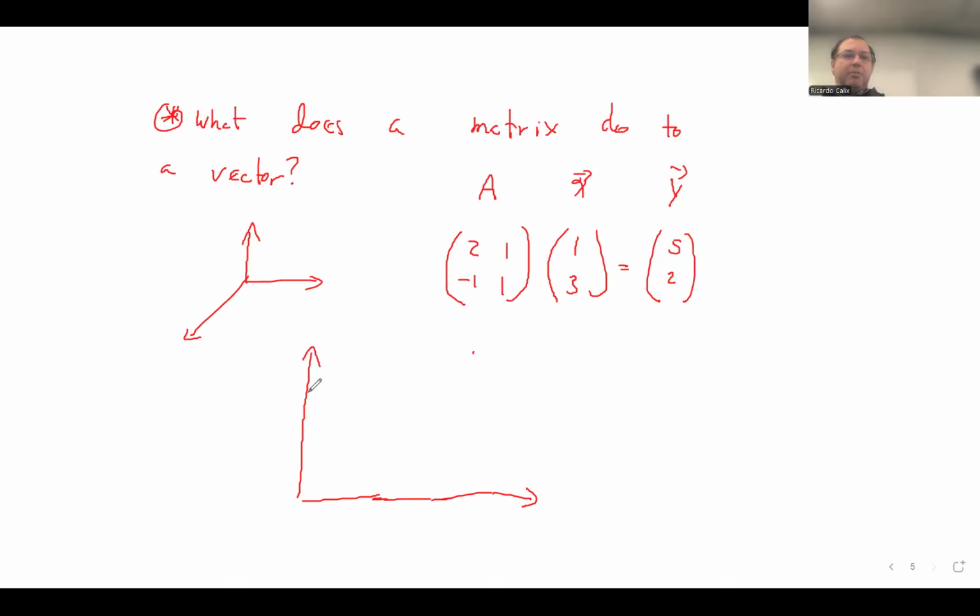In this example, I'm going to use the more classical representation of a vector, which is something like this. So the original vector is 1, 3. All right, so we're going to say that this is one axis, K1, K2, okay, like that.